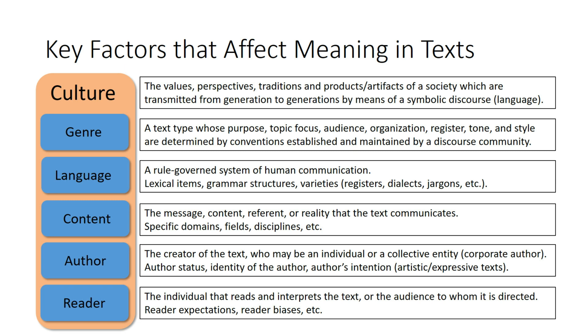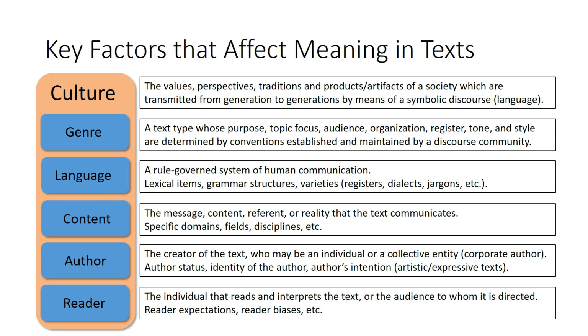What's language? Hopefully this one we know already, but it's a rule-governed system of human communication. Those things that pertain to language are lexical items, in other words, words or phrases, grammar forms and structures, and language varieties like registers, dialects, jargons, etc. The content obviously has to do with the message, the information, the reference, or the referent, or the reality that the text is talking about.